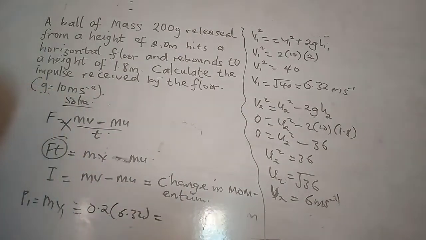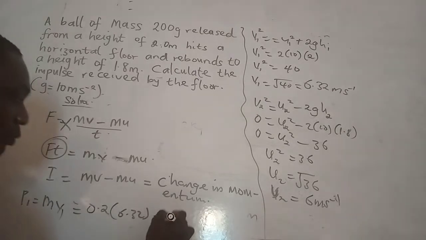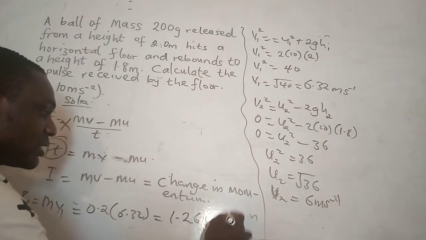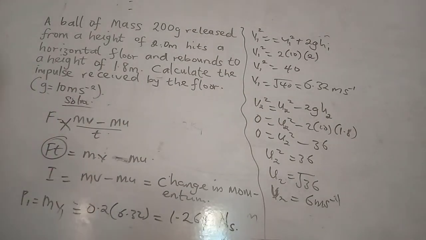So that gives us 0.2 times 6.32, which gives us 1.264 Newton seconds. That's the unit for change in momentum or impulse.